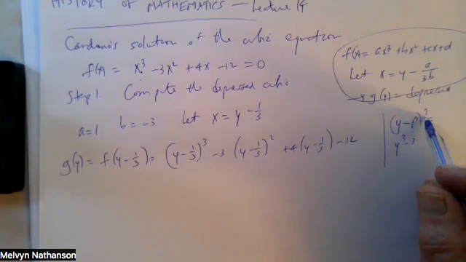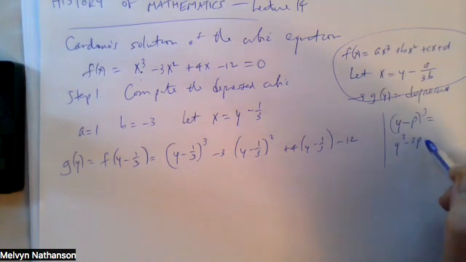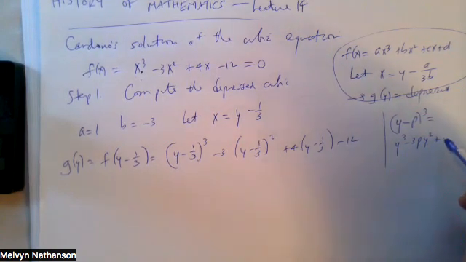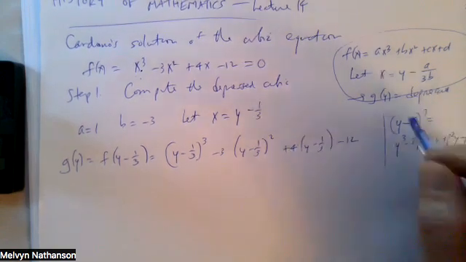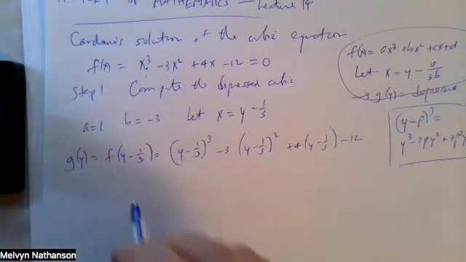So y minus p, when you cube it, this is a special case of the binomial theorem. You get y cubed minus 3py squared plus 3p squared y minus p cubed. So in this case, p is a third.